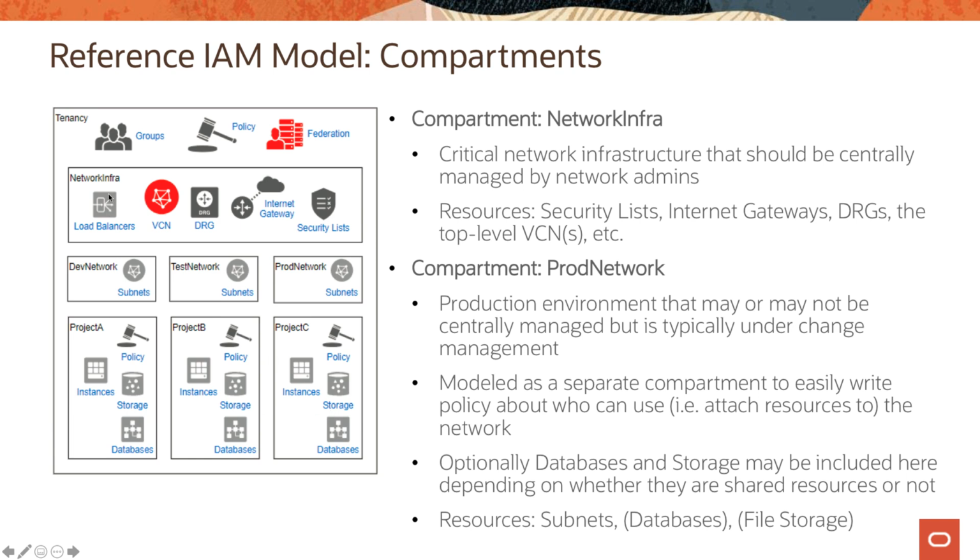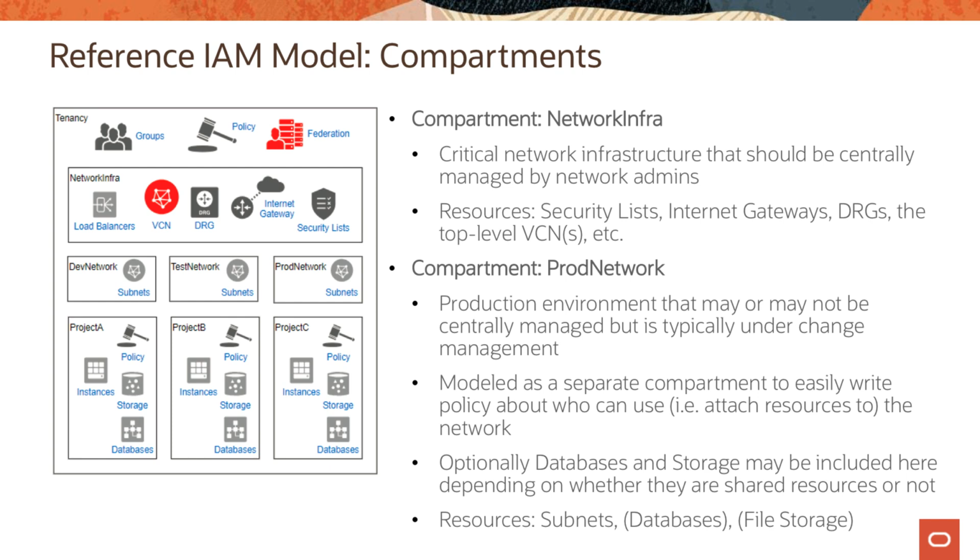And then, in this design, there is a separate compartment called network infra. We were calling it network admins, but network infra is the name of this compartment. And all the network infrastructure, the critical one, is launched in this compartment and is managed by network admins.